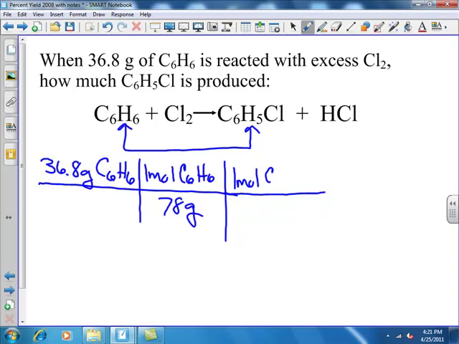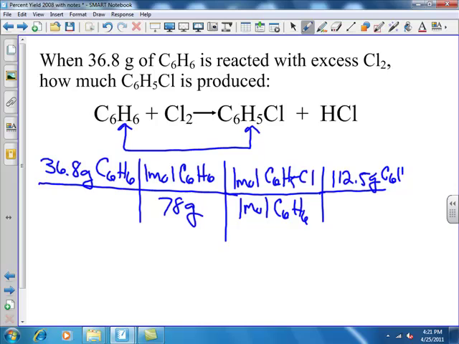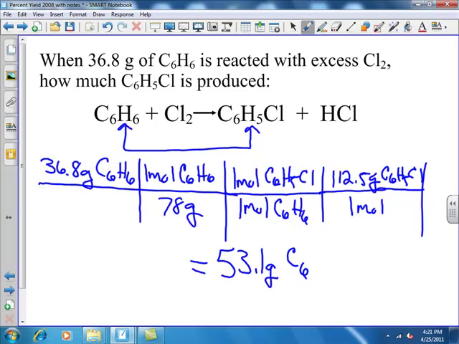So 1 mole C6H5Cl to 1 mole C6H6, and then the mass, 112.5 grams C6H5Cl to 1 mole. So when I set all that up and do the math, I get a theoretical yield of 53.1 grams of C6H5Cl.